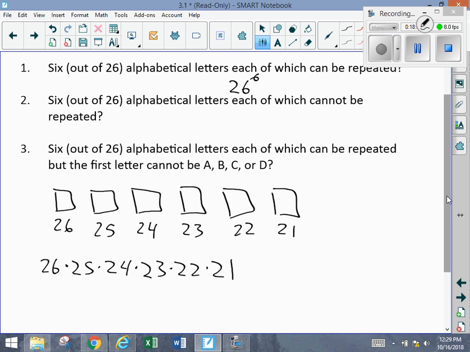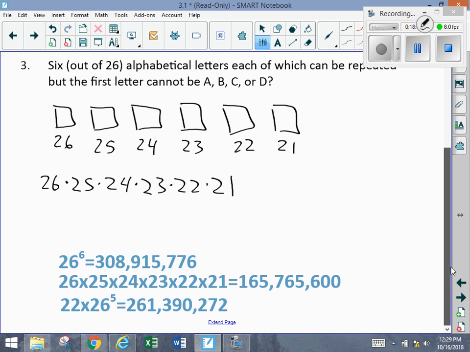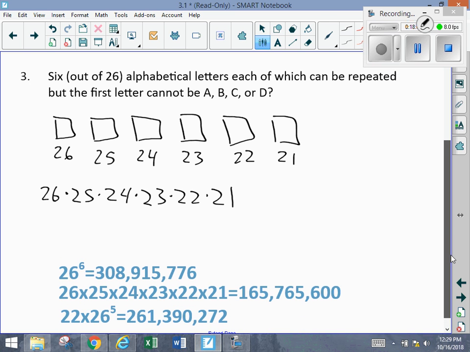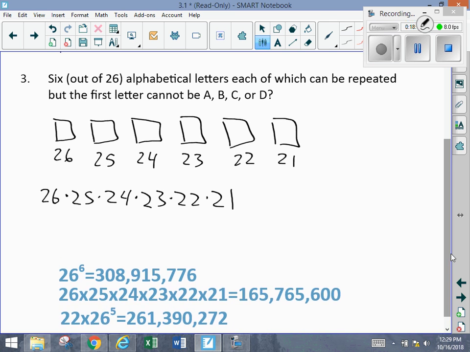I don't have that calculator, but I think it's calculated here. Turns out to be 165,765,000. A lot of different license plates. Huh?